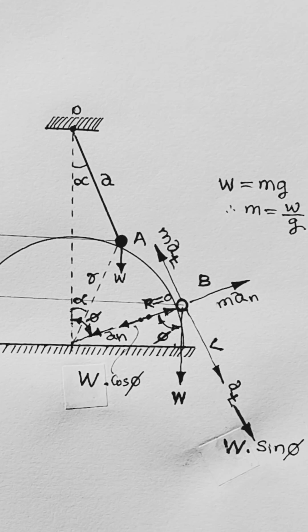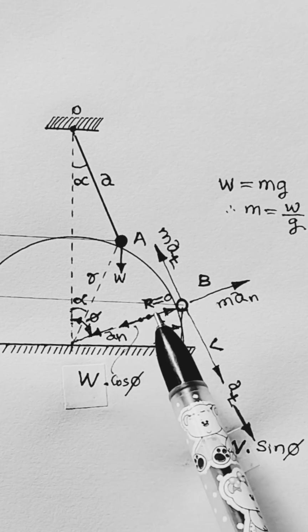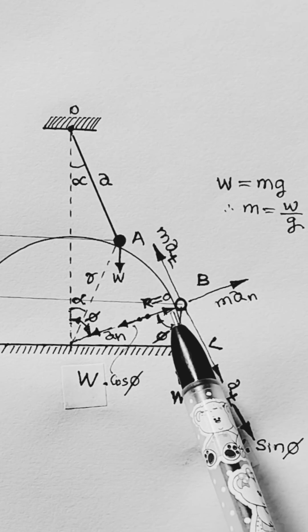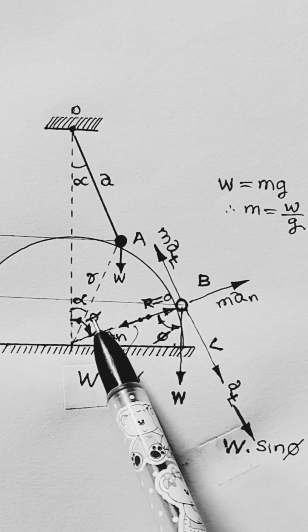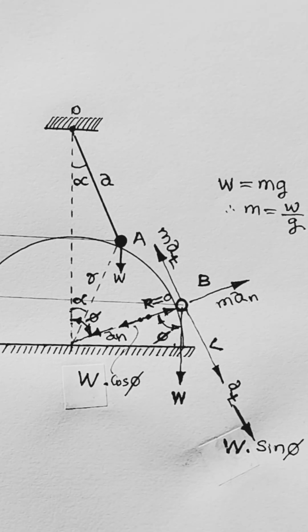In this problem, we are going to find the angle phi made by the radial line drawn from the final position B to the center of the cylindrical surface with the vertical line, by applying the equilibrium equation along the normal direction and also conservation of energy.